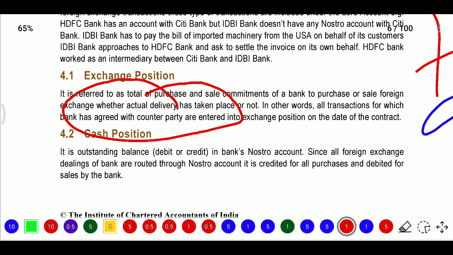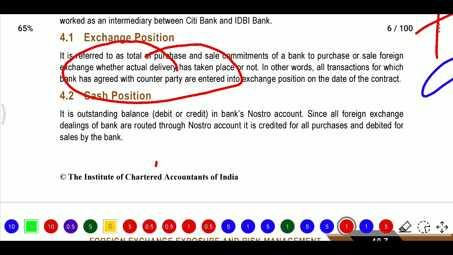Whereas cash position means the outstanding balance. It may be debit or credit in the bank's Nostro account. Since all foreign exchange dealings of a bank are routed through the Nostro account, cash position means the Nostro account.